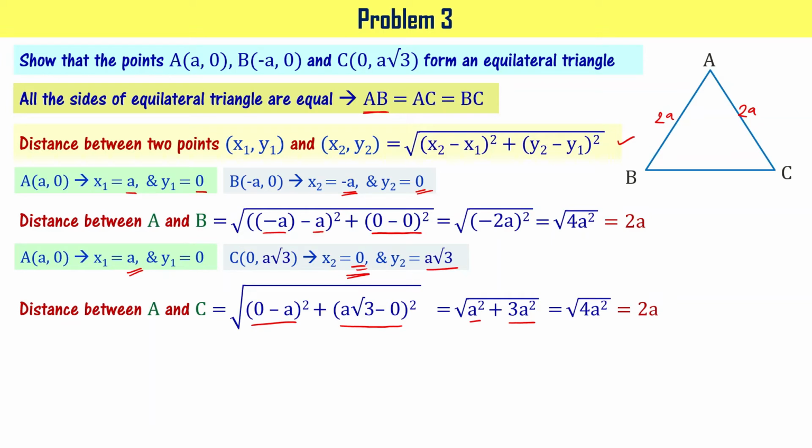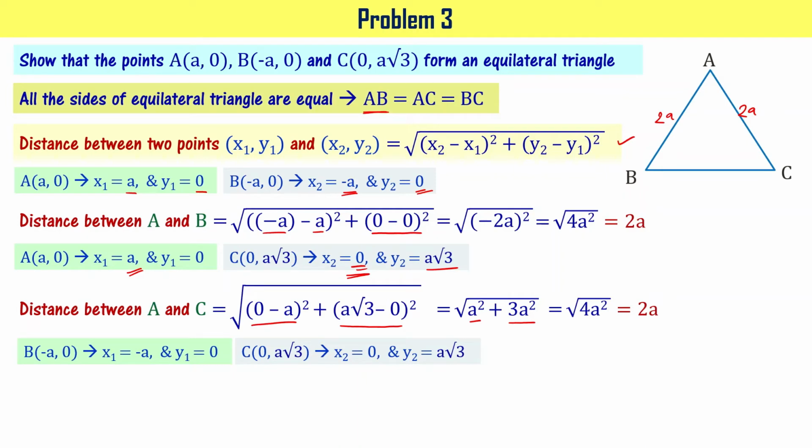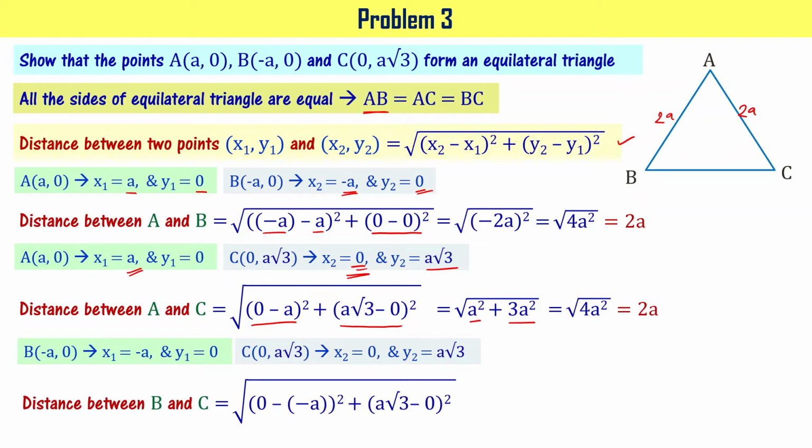Now let's find the distance between B and C. To do that, let me say that B equals (x1, y1) and C equals (x2, y2). When you substitute these into the distance formula, you can write the distance between B and C as the square root of (x2 − x1)², that is (0 − (−a))², plus (y2 − y1)², that is (a√3 − 0)².